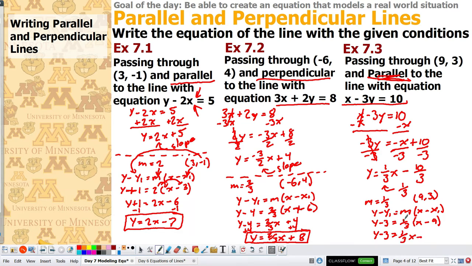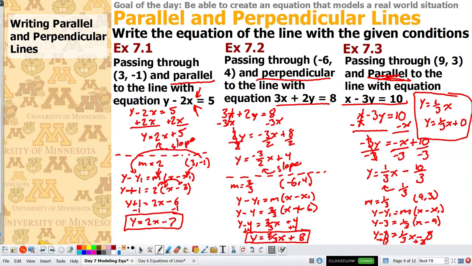So 9 times 1 is 9, divided by 3 is 3. And here we'd add 3 and add 3, so the 3's cancel off both. So your final equation, you can write it as y equals 1/3 x, or you can write it as y equals 1/3 x plus 0. Either one of those is good.